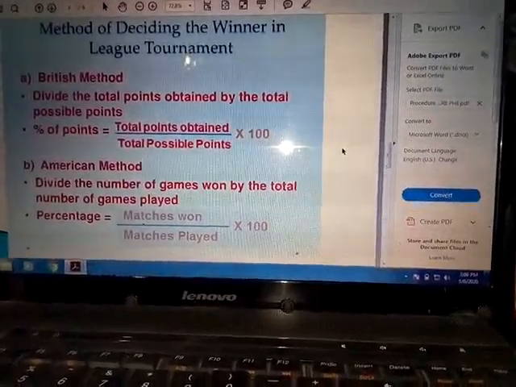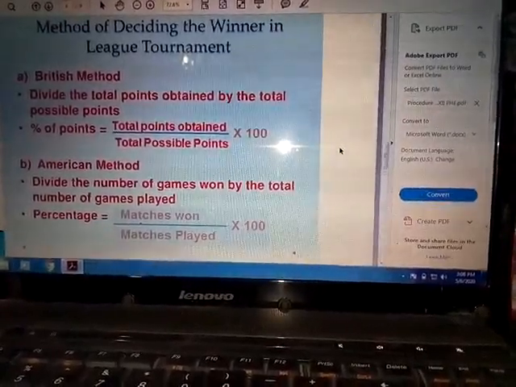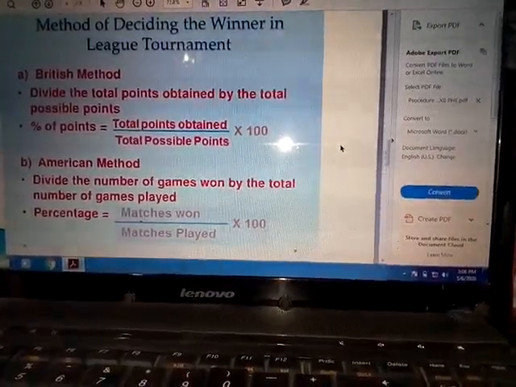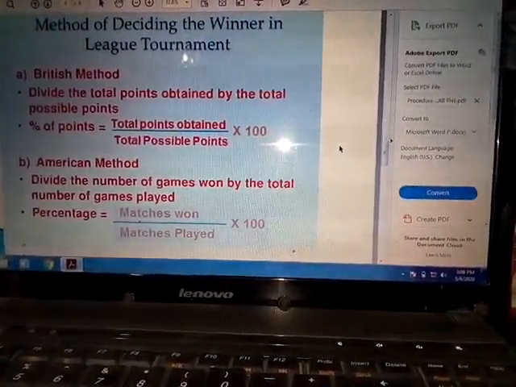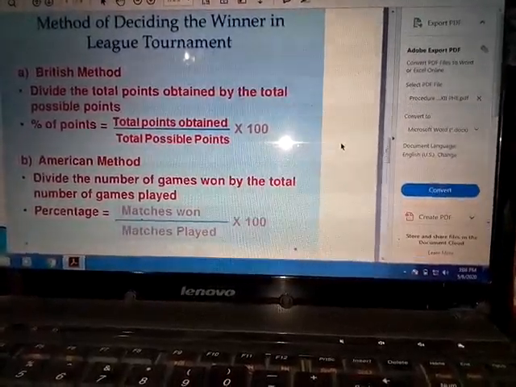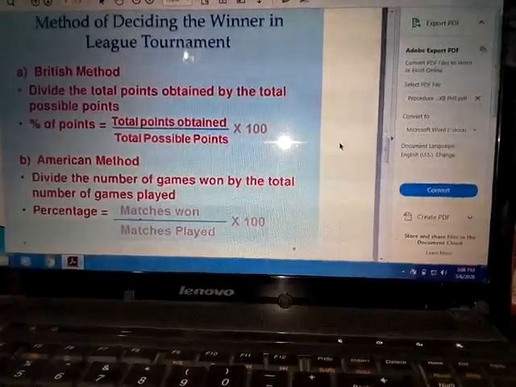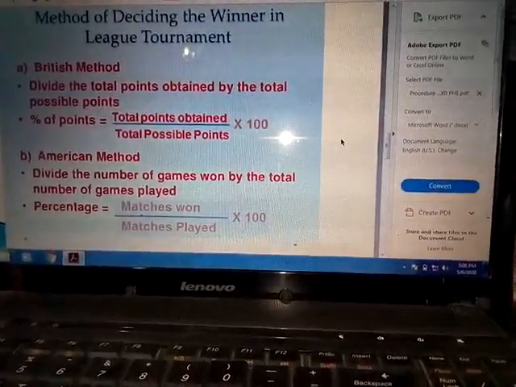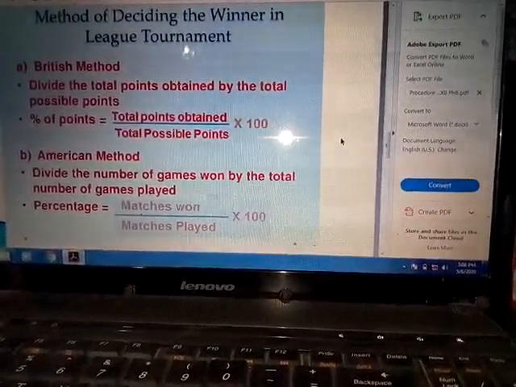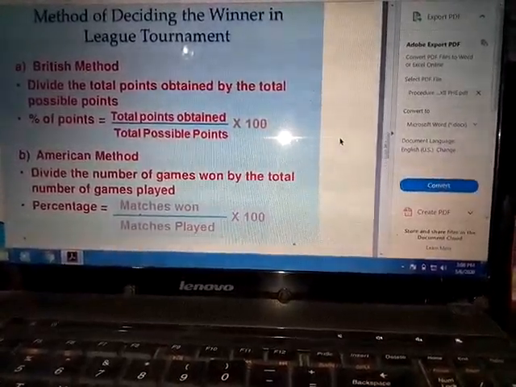Then the percentage of points is the total points obtained divided by the total possible points, multiplied by 100. The second type of method is called the American method.